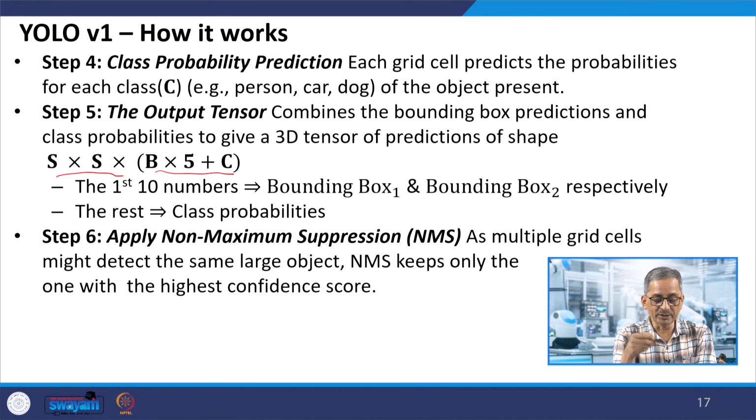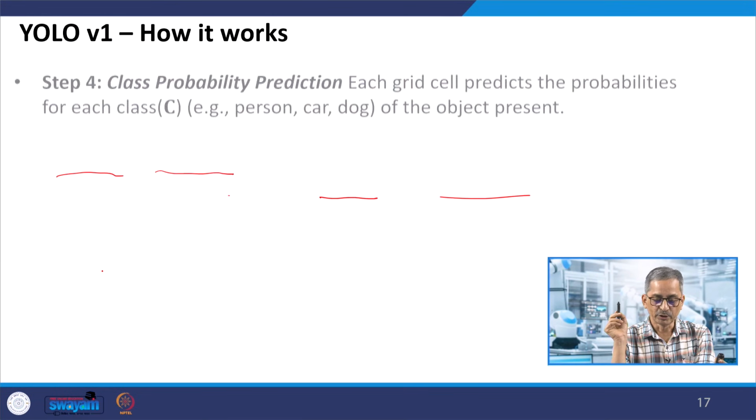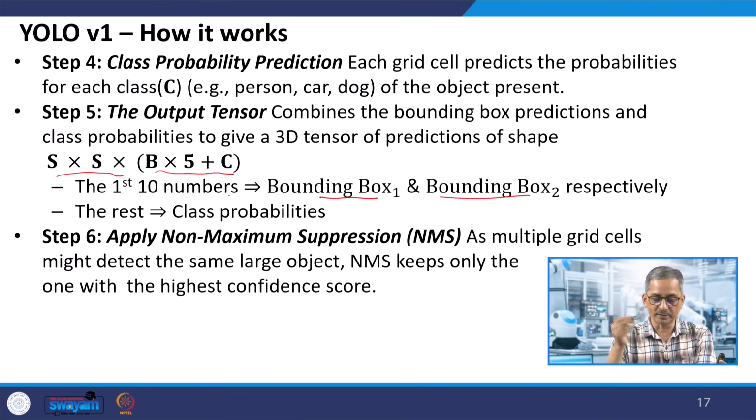You see in this one the first 10 numbers correspond to bounding box 1 and bounding box 2, because for one bounding box you need the 5 pieces of information, X, Y, W, H and the confidence score. So for the two bounding boxes we have the 10 numbers and the rest are the class probabilities.